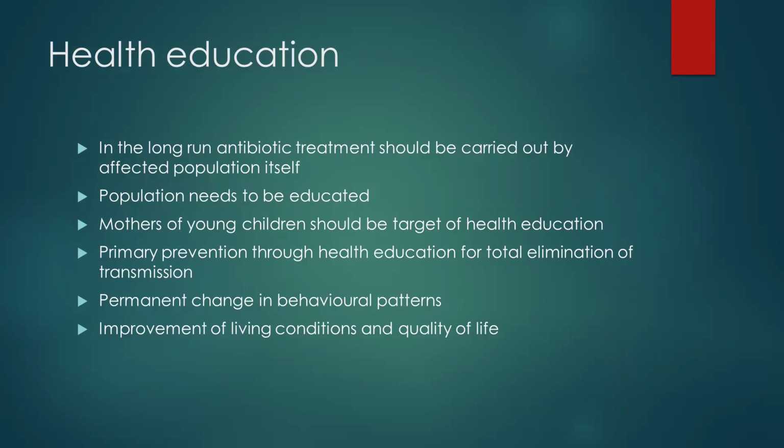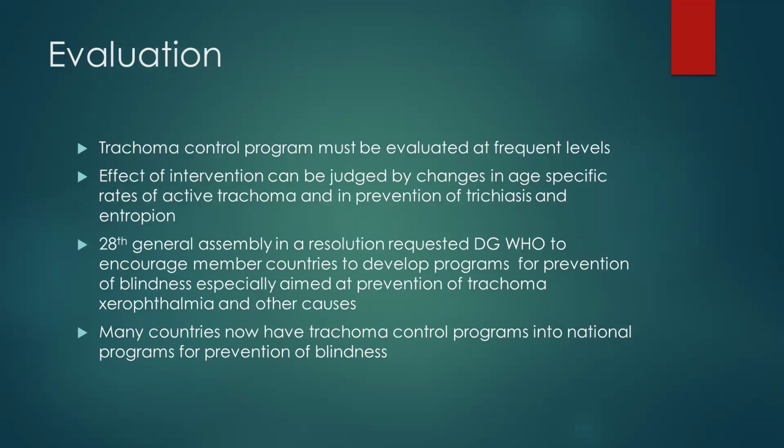The mothers of young children, because they remain in contact most of the time, should be the target of health education on how to prevent trachoma and what measures are necessary to prevent disease progression if one has the disease. Then primary prevention through health education for total elimination of transmission and permanent change in behavioral patterns such as hand washing and other hygienic measures. And then improvement of living conditions and quality of life, like access to clean water.